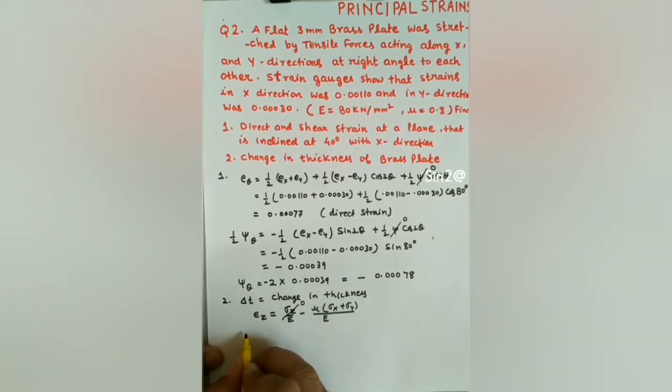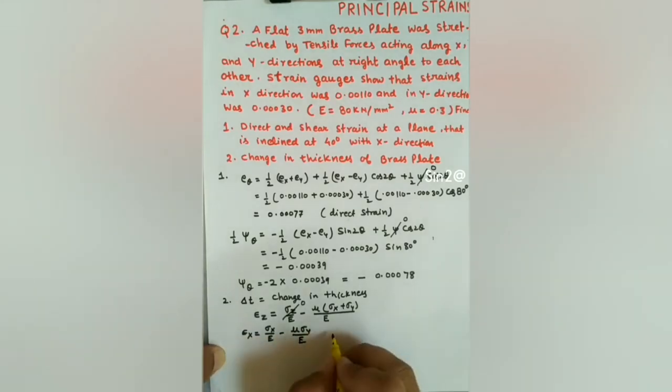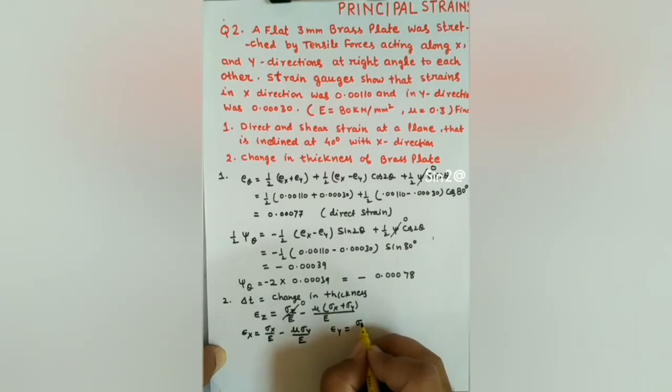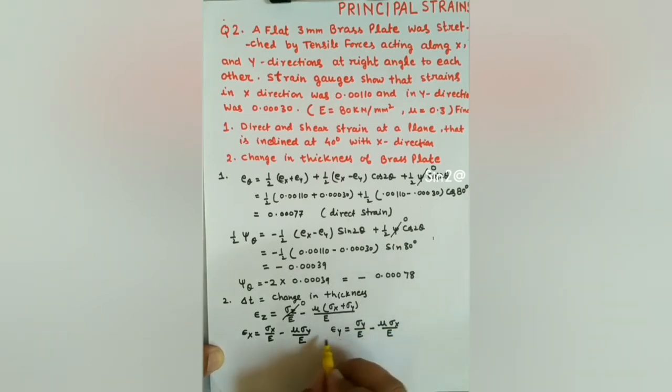So we can write down epsilon x is equal to sigma x by E minus mu sigma y by E, and epsilon y is equal to sigma y by E minus mu sigma x by E. Solving these two equations, we will be able to get the values of sigma x and sigma y.